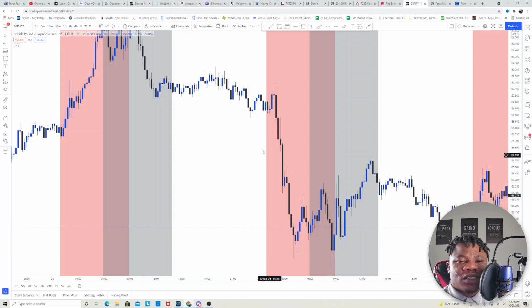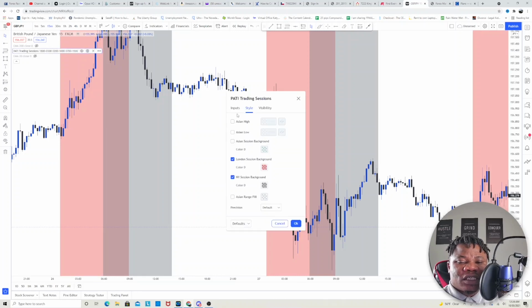So for this strategy, on my chart I have this indicator called Trading Session. Once you add it onto your chart, you go to settings, and for the style you only check the London session and the New York session, and you can also change the colors if you want to.